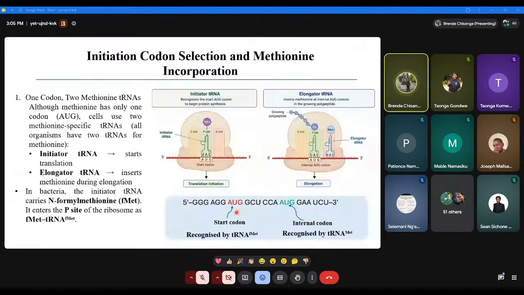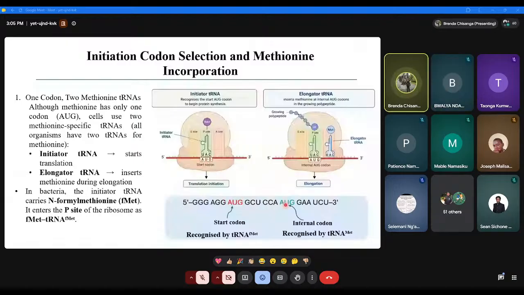To distinguish them, these cells have got two tRNAs that recognize the AUG codon for methionine. The tRNA that recognizes the AUG at the start codon is formylated, it's modified. And this is why it is referred to as N-formyl methionine, or just fMet. This tRNA also brings methionine to the ribosome, but its role is to recognize the AUG at the start of the mRNA.